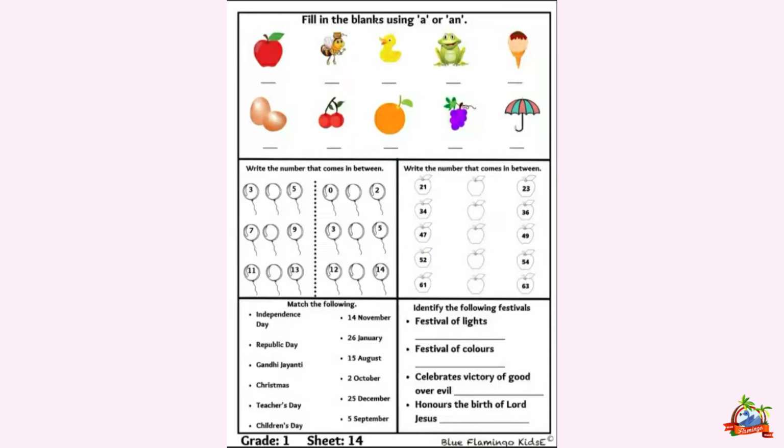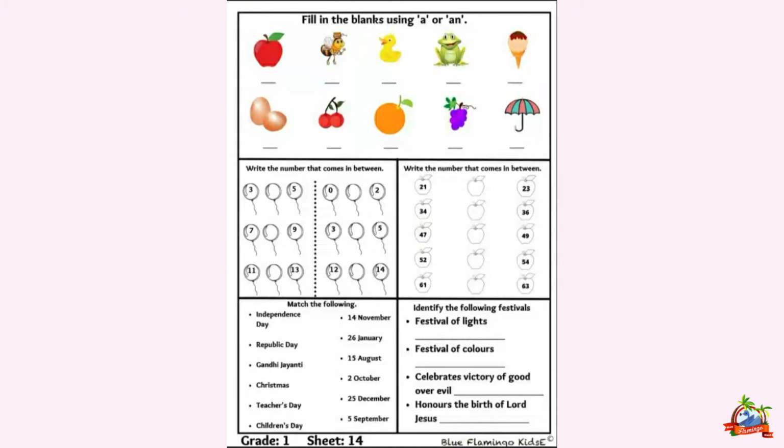So how many vowels are there? A, E, I, O, U. These are the 5 vowel letters, and before these letters we will use an. And except these, all the letters are consonants.